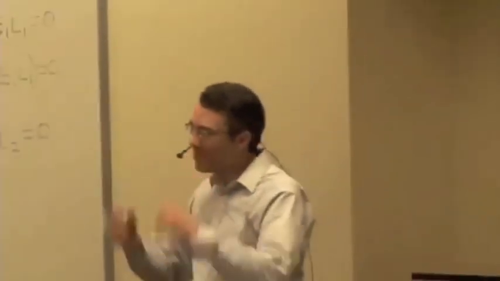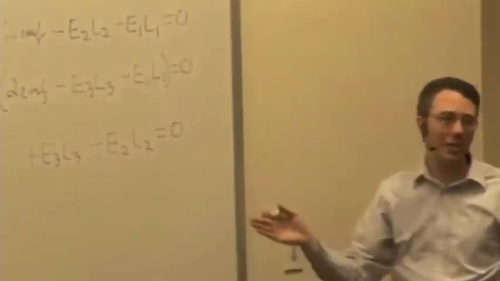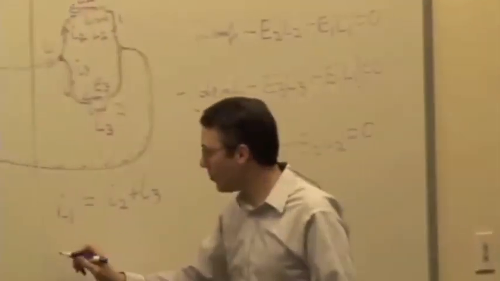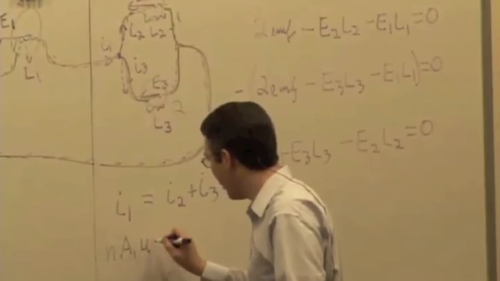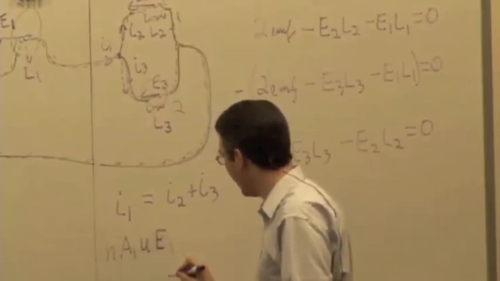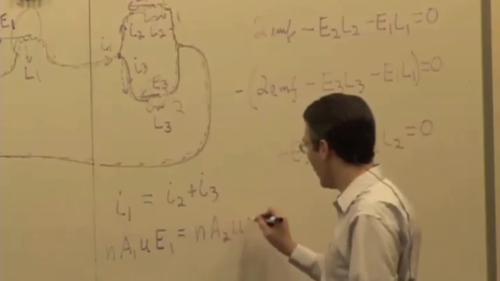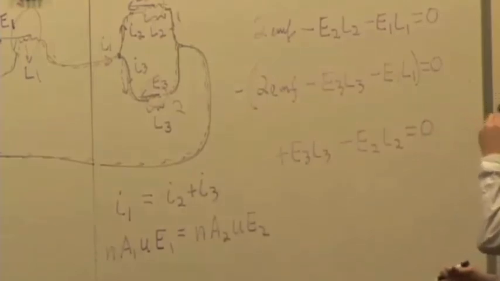So maybe it was worded a little bit unclearly, but once we have a node rule equation, we can solve this system. Well, we've got to put this in terms of electric fields, right? So we have n A1 u E1 is equal to n A2 u E2 plus n A3 u E3. I'm assuming that the n's and u's are the same for these light bulbs, and just the area is different.